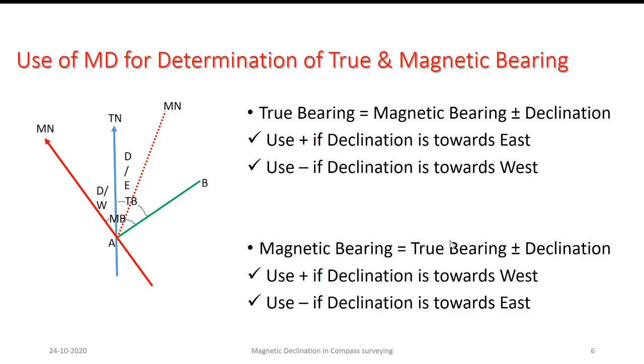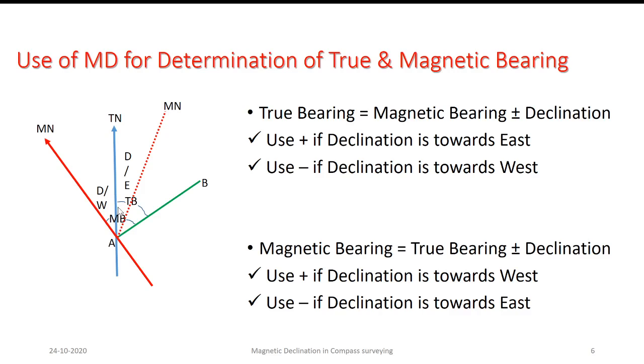Similarly, if the value of the true bearing and the declination is known, we can determine the magnetic bearing of the line. Say, here the declination is eastward.